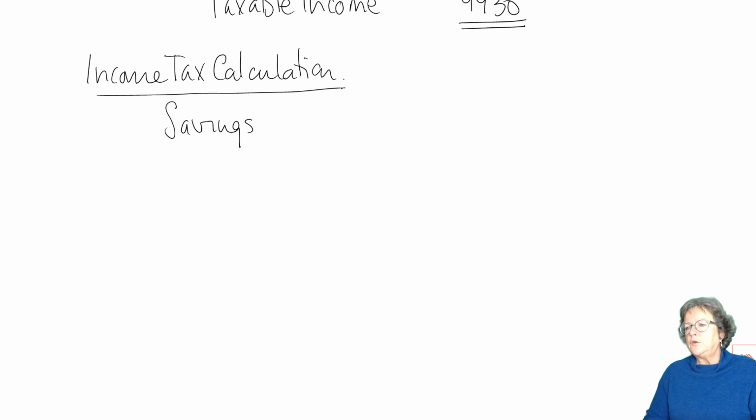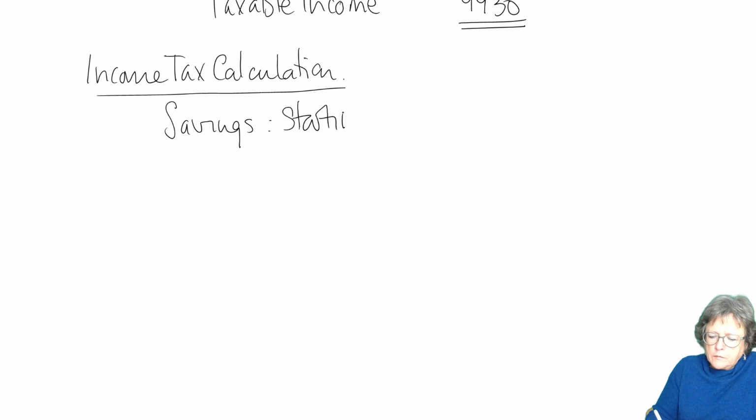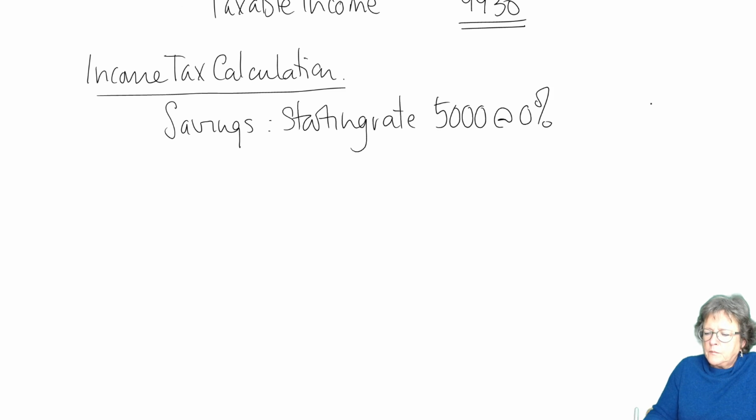Starting rate, the rule is if the savings income falls within the first £5,000 of taxable income, you pay no tax on it. So the starting rate, we've got £5,000 at 0%, because she has no other income than this.